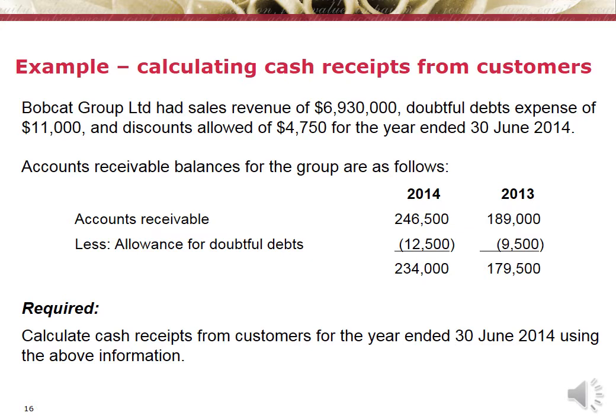We first need to determine the bad debts written off for the year, and then using that figure we can calculate the physical cash received and cash repaid using the accounts receivable accounts, as they both relate. Because we haven't been given an opening or closing balance for the discounts allowed, that will be the actual amount we apply within the accounts receivable reconstruction, which we would expect anyway with discounts allowed.